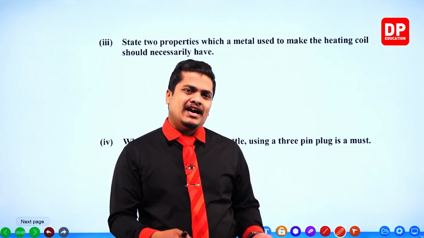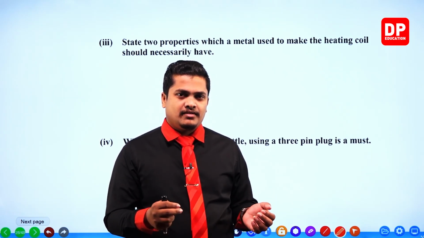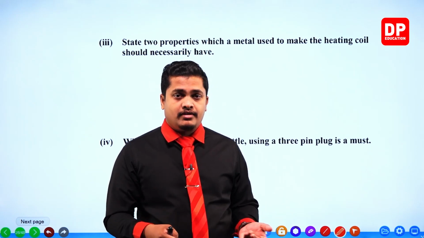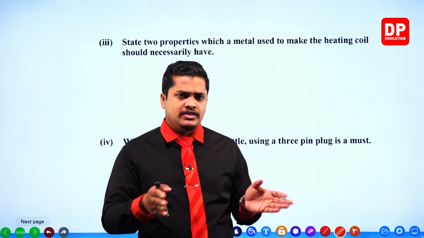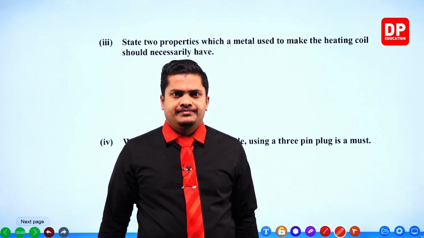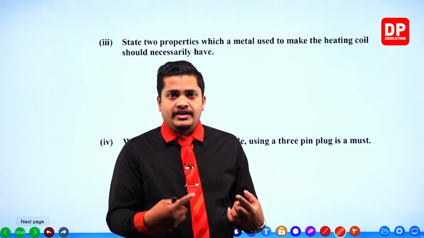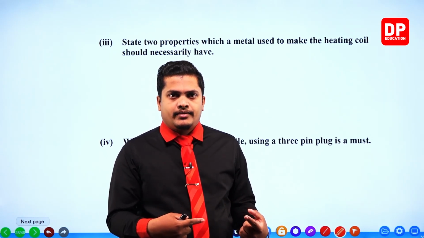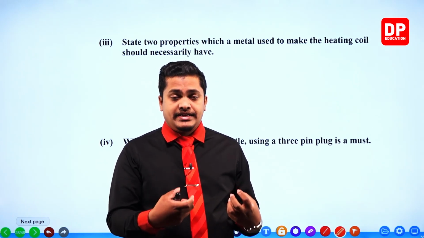Now, the whole idea behind using a kettle, iron, rice cookers, those things, the whole idea behind using these electrical equipments is to heat a certain substance, right? When we are using the kettle, we are heating water.